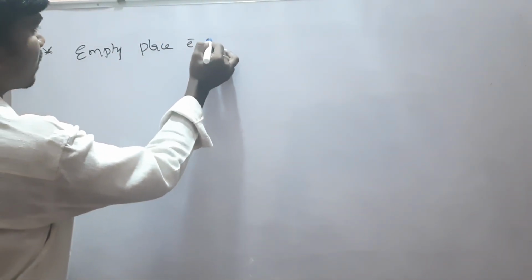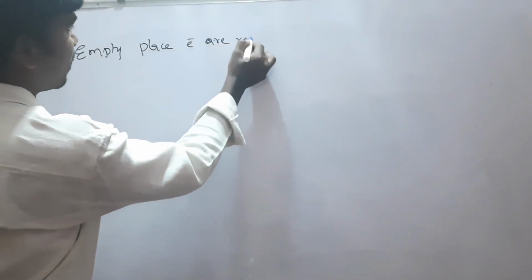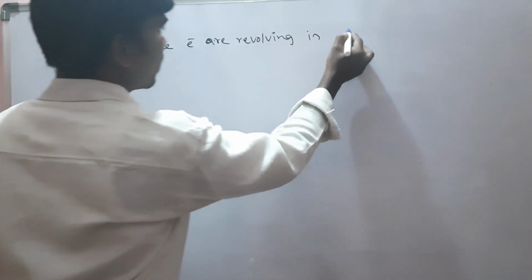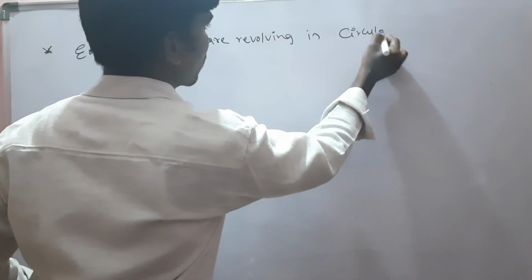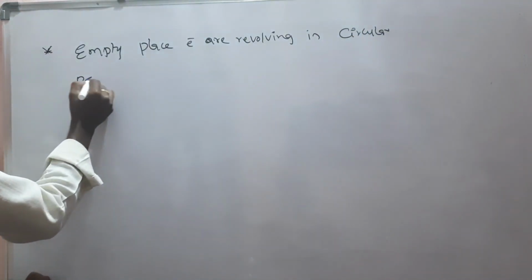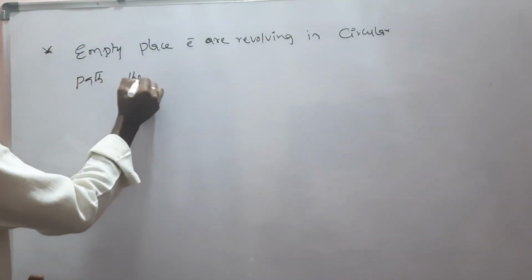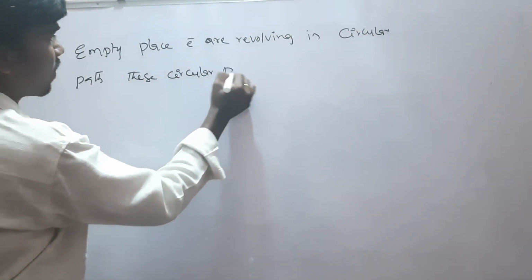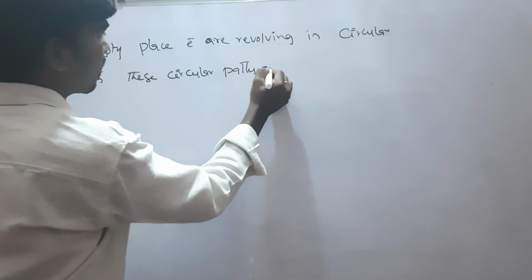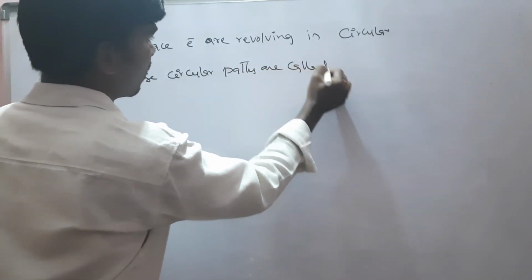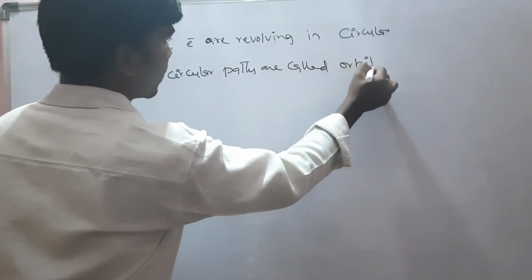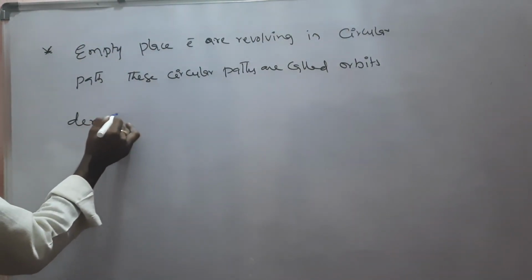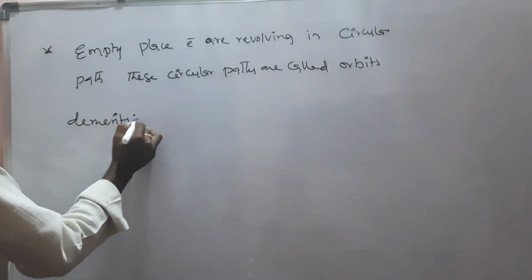These circular paths are called orbits, he told. Then after, the demerits of this Rutherford Geiger-Marsden experiment.